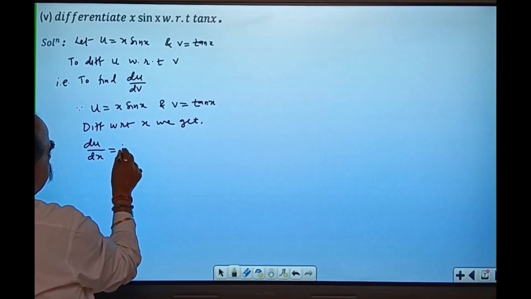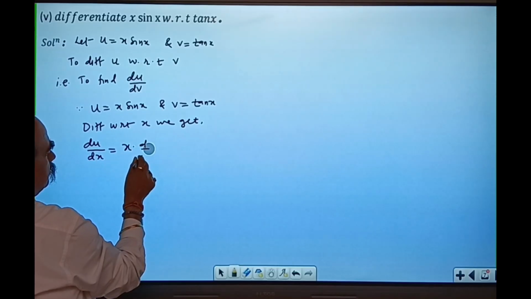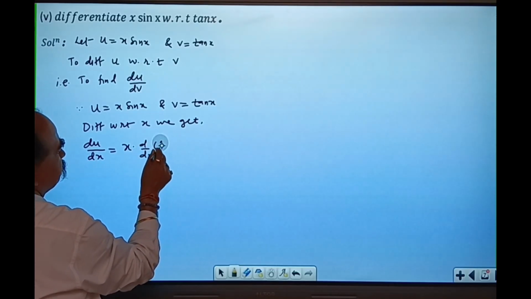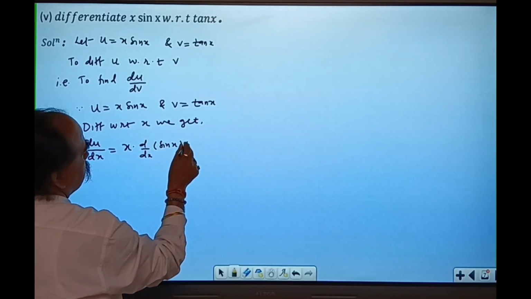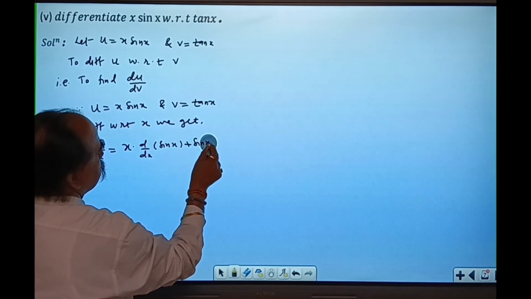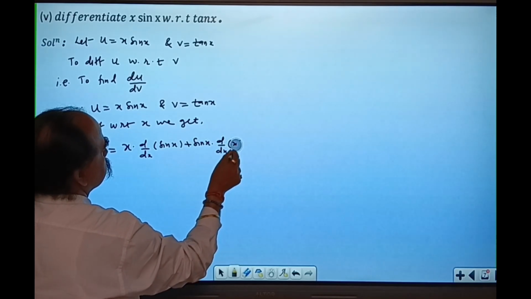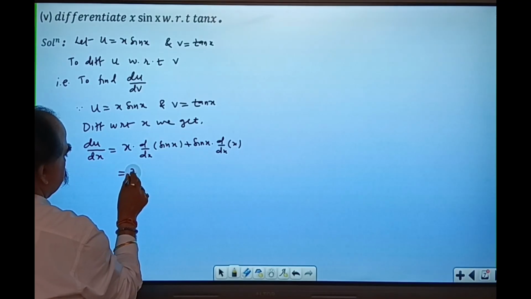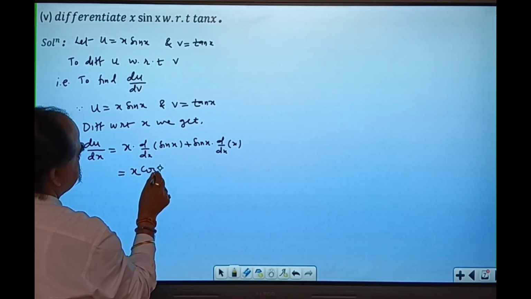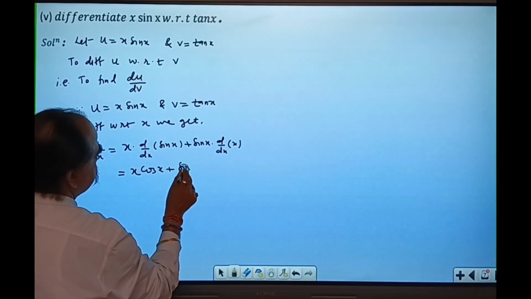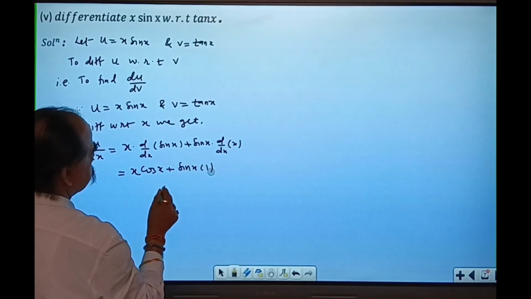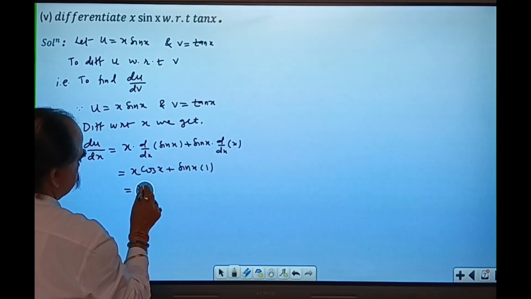Differentiating with respect to x we get, so du by dx is what? u into v: x d by dx of sin x plus sin x d by dx of x.